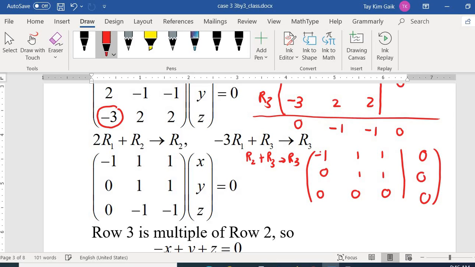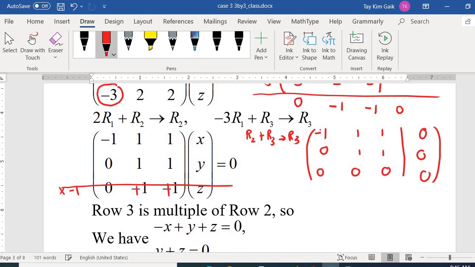Okay, if you don't want to use the row operation, you can easily say, if we multiply by negative 1, this is positive, positive. So row 2 and row 3 are actually the same. You can delete it, nothing, 0. So it just leaves 2 equations. From these 2 equations, you read back: negative x plus y plus z equal to 0.